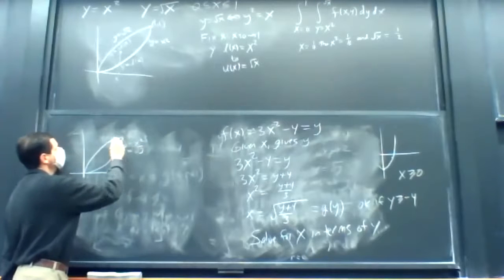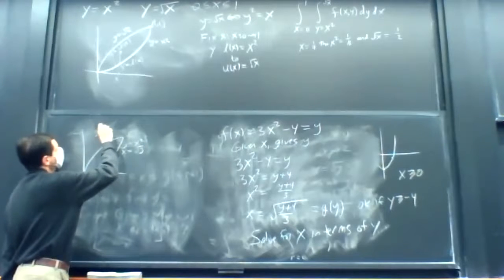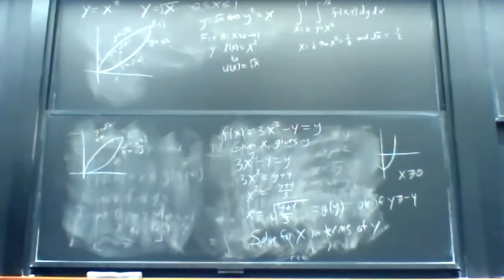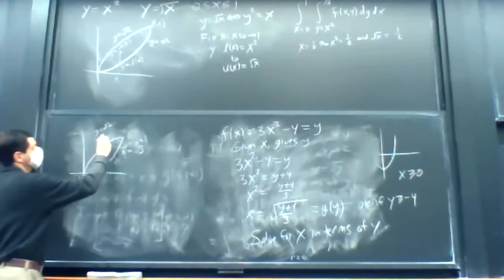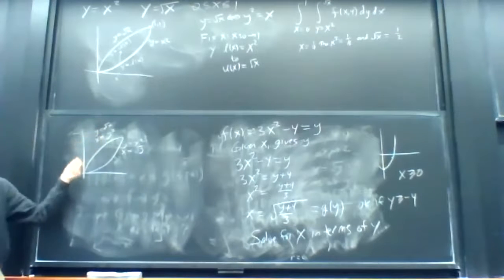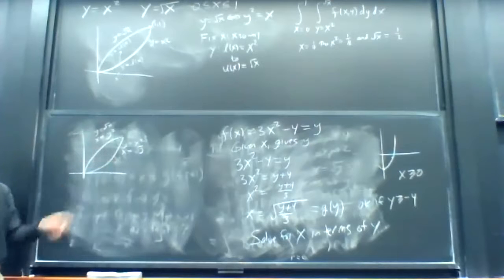And over here, this was y equals the square root of x. So this is x equals y squared. Now, instead of having upper and lower, I'm going to have left and right. This is going to be my left. This is going to be my right.